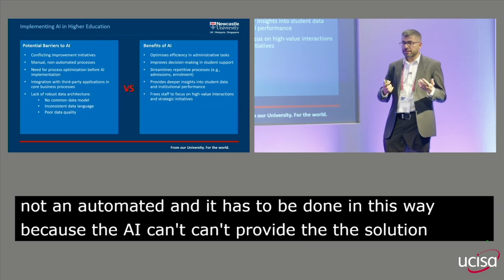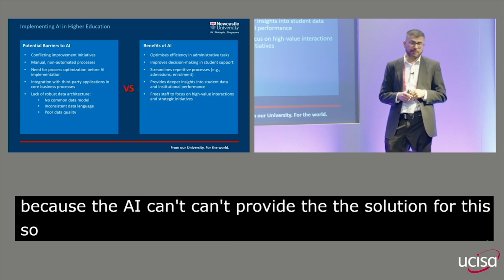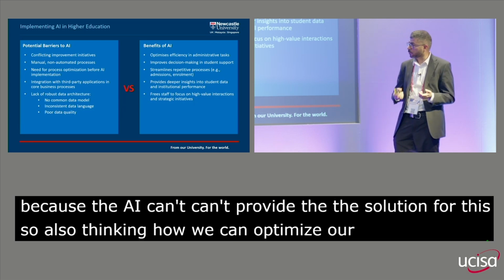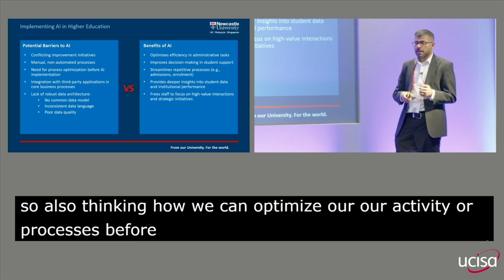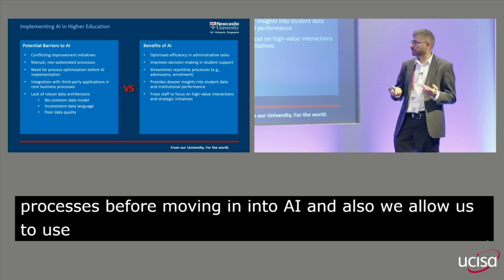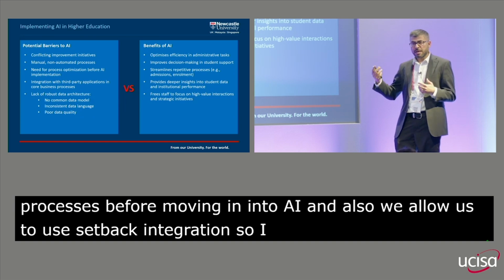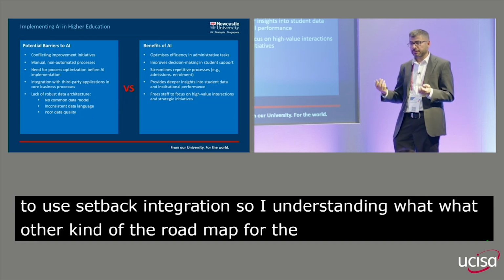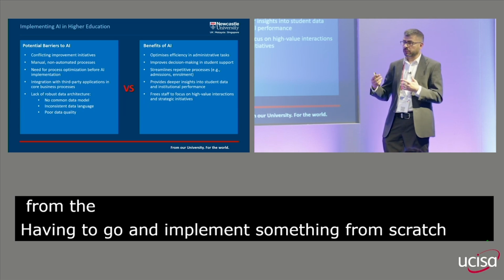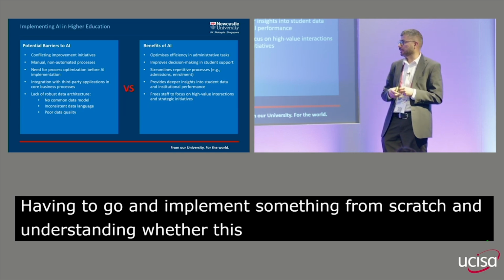So also think about how we can optimize our activity or processes before moving into AI. A lot of us use third-party integration, so understand the roadmap for the product that we have, rather than implementing something from scratch, and understand where this product goes with the AI roadmap in a few years' time.